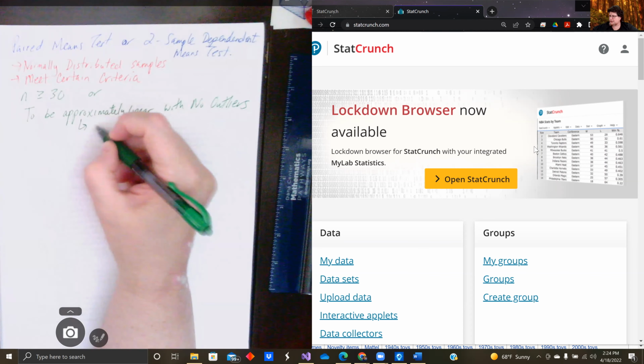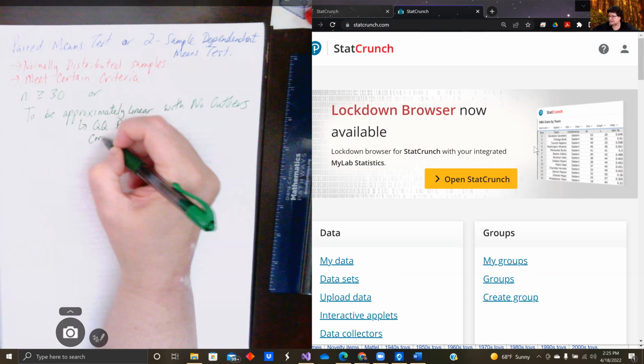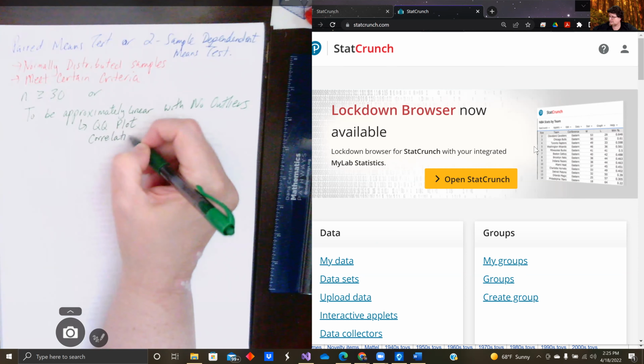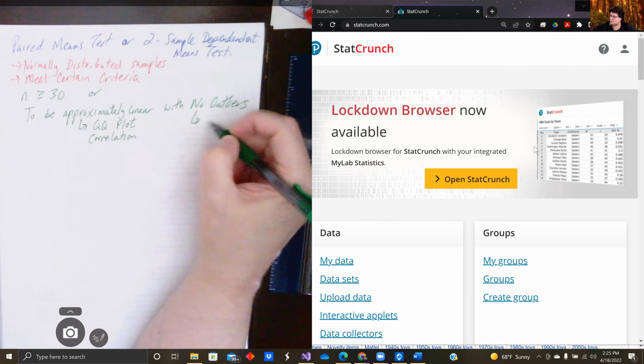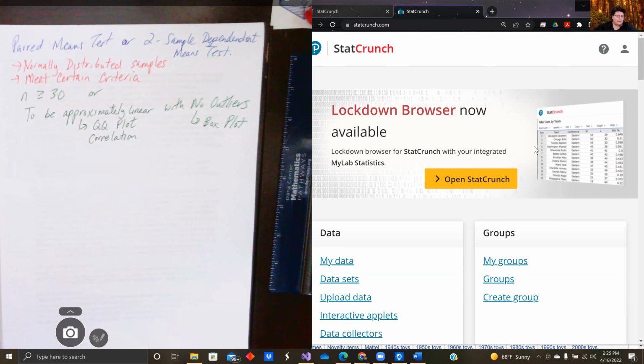And this is one we checked with the QQ plot and the correlation statistic. And no outliers, we could check on a box plot. Now that was how we did one mean.